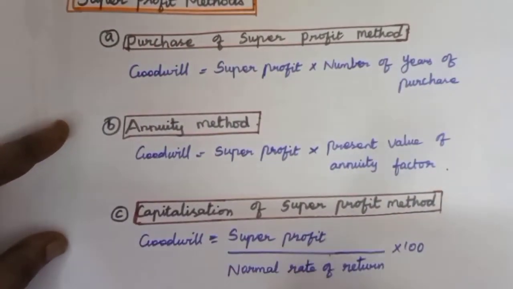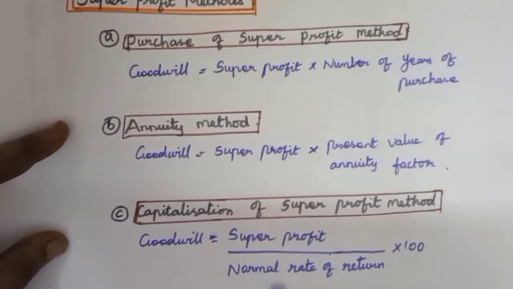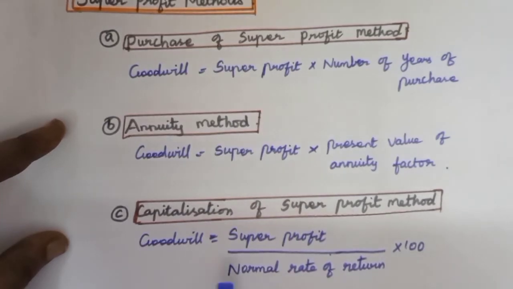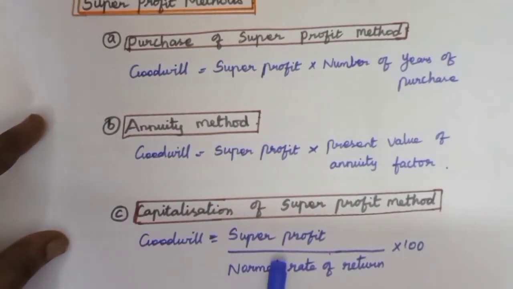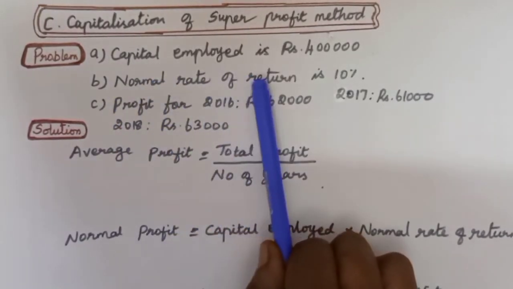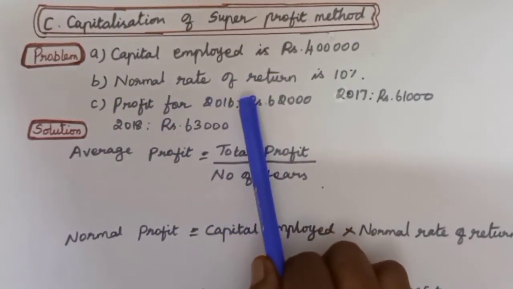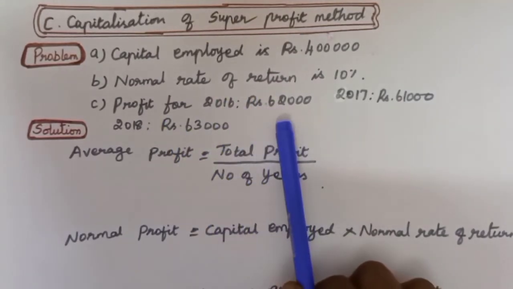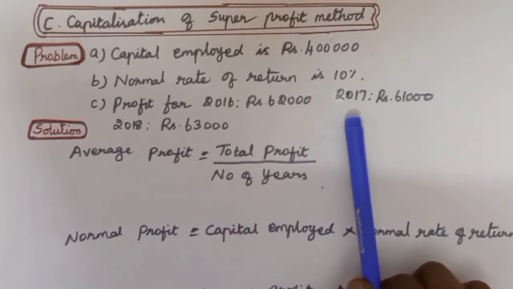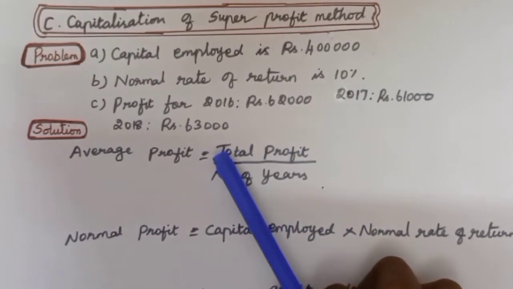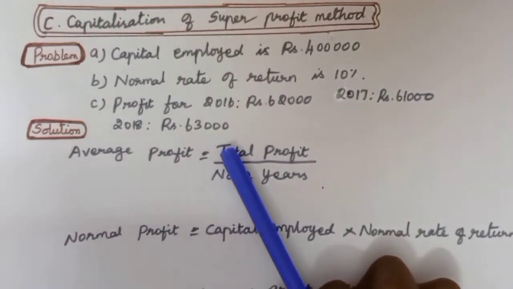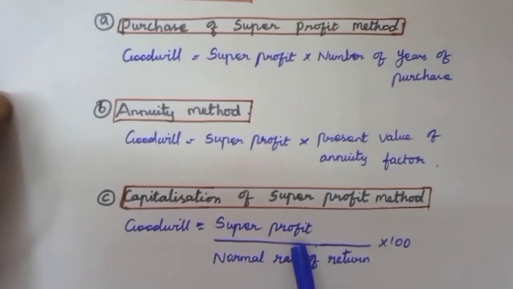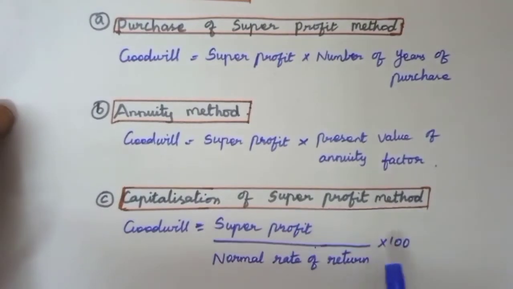Under this method, the value of goodwill is calculated by capitalizing the super profit at the normal rate of return, that is, goodwill is the capitalized value of super profit. Problem: capital employed is rupees 4 lakhs, normal rate of return is 10%, profit for 2016 62,000 rupees, 2017 61,000 rupees, 2018 63,000 rupees. Goodwill is equal to super profit by normal rate of return into 100.